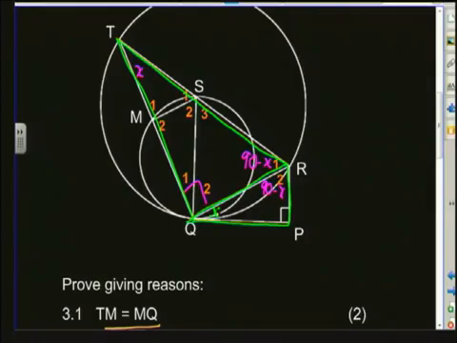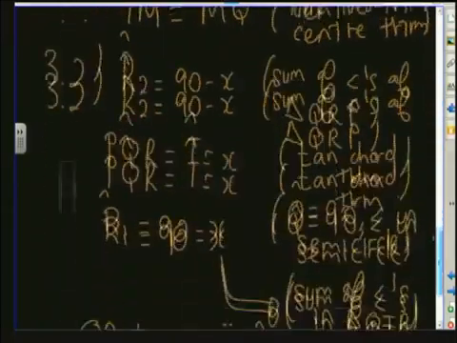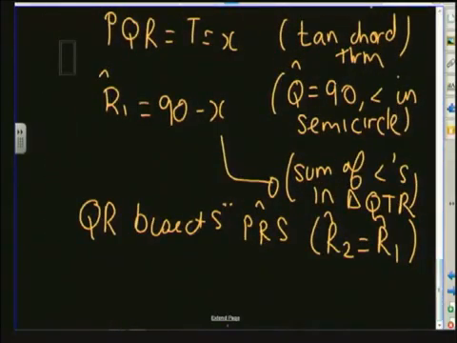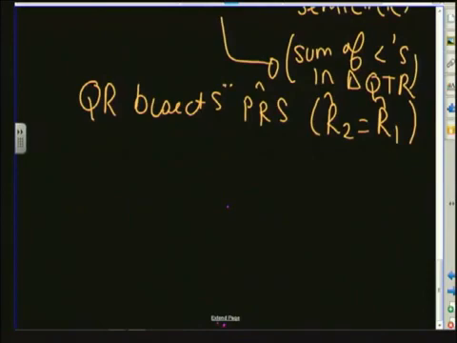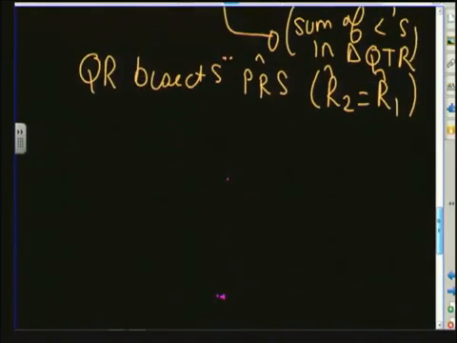Let's write our proof down. All right, and this is 3.2. When you start your similarity, you state the triangles that you're working in.